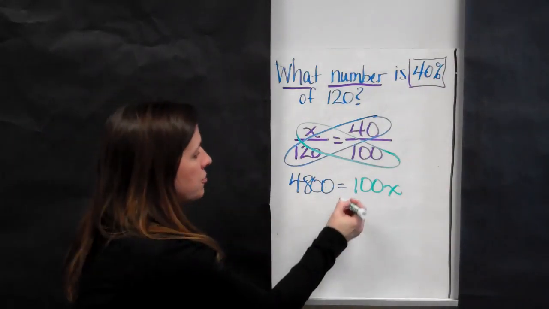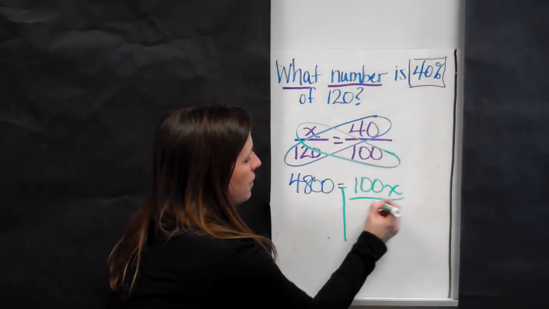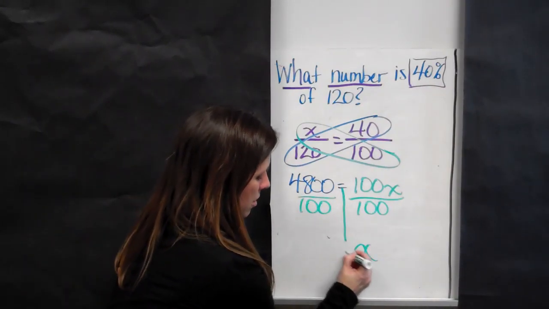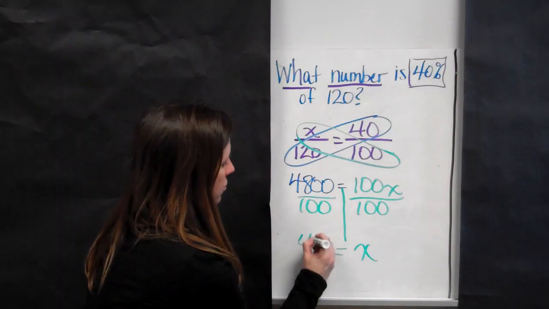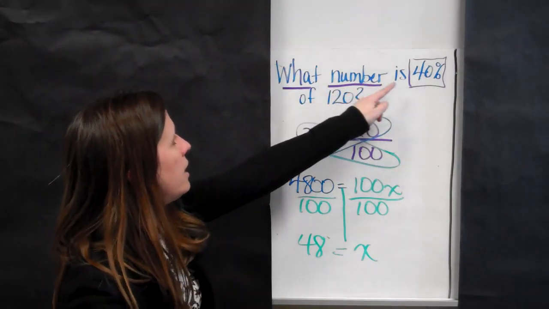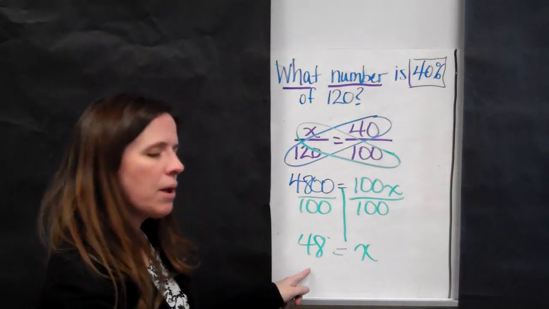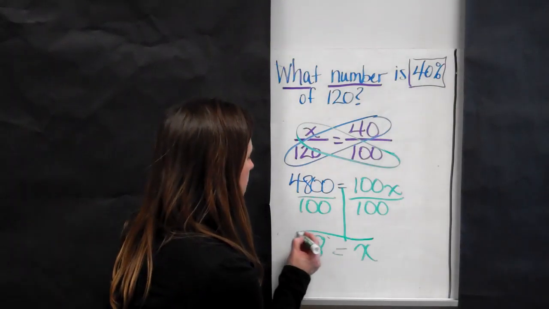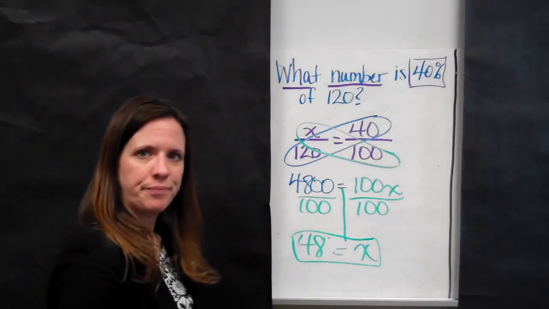This becomes a one-step equation, so you're going to divide both sides by 100. x is going to be equal to 48. In this case, we are looking for what number is 40% of 120, so we don't have to add a percent sign here. This is just our part. This is a number, so your answer would be 48.